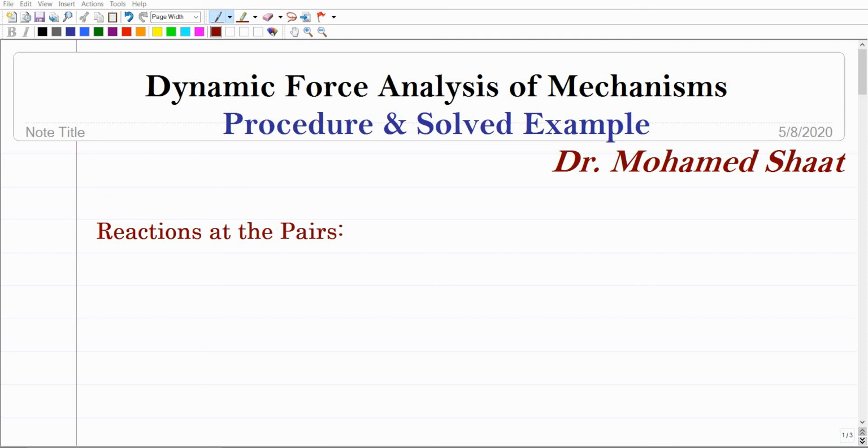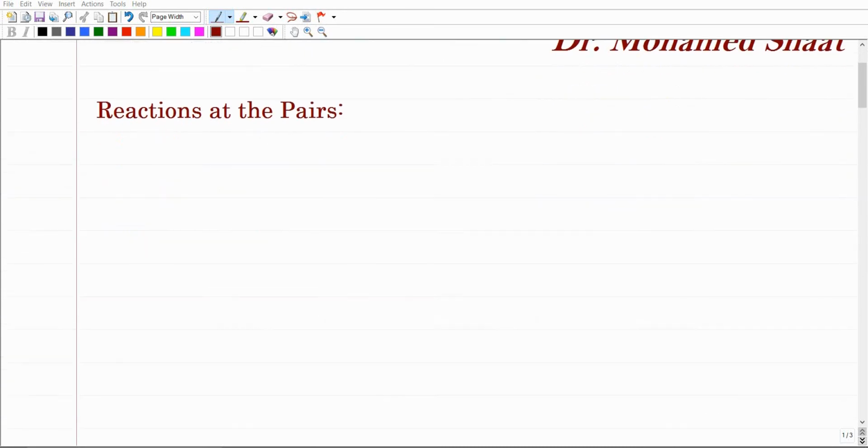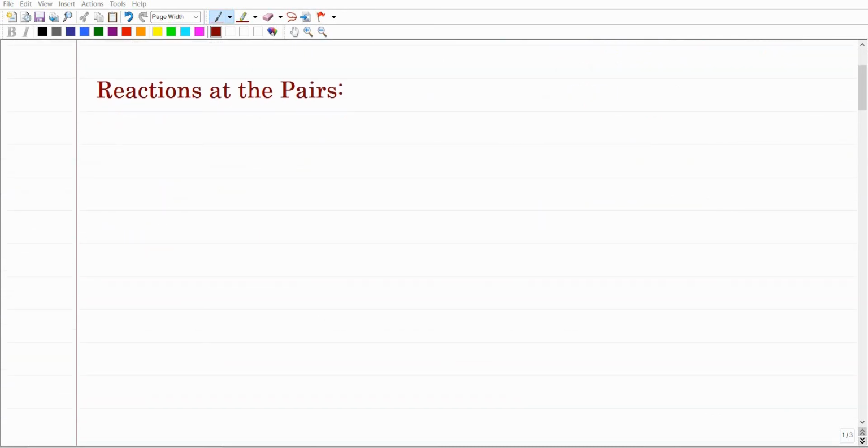But before doing so, let us fix some points regarding the reactions at pairs. We said that the joints between the different links of a mechanism, these are the pairs, and this is the first topic that we started in this course. We discussed this one in the second lecture of this class.